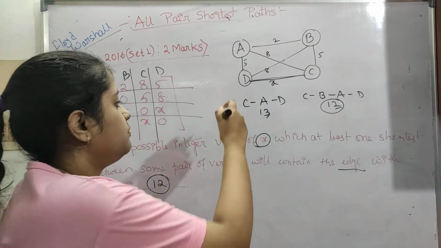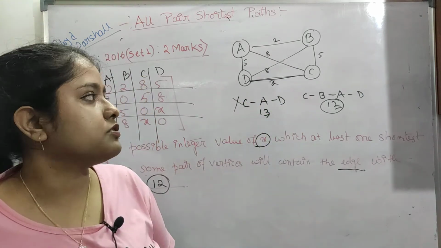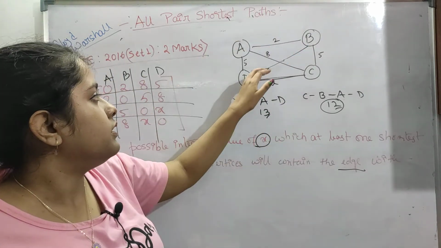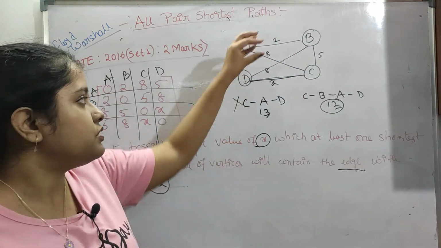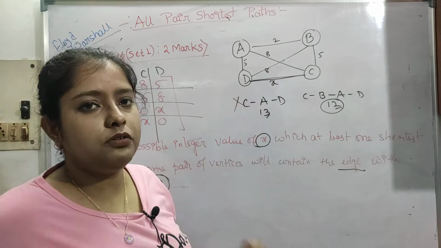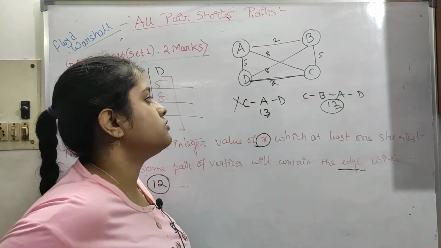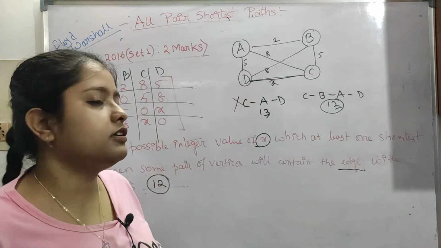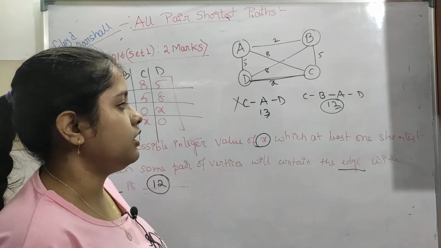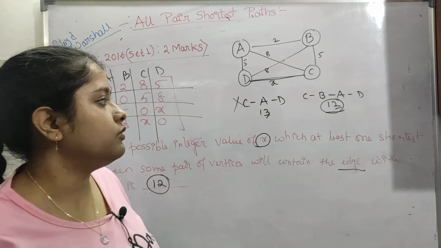So 13 will not be our case, 12 will be our case. 5 plus 2 plus 5 gives you 12. If you put 12 as the value of x, you can take this path also. So x can have the value 12.